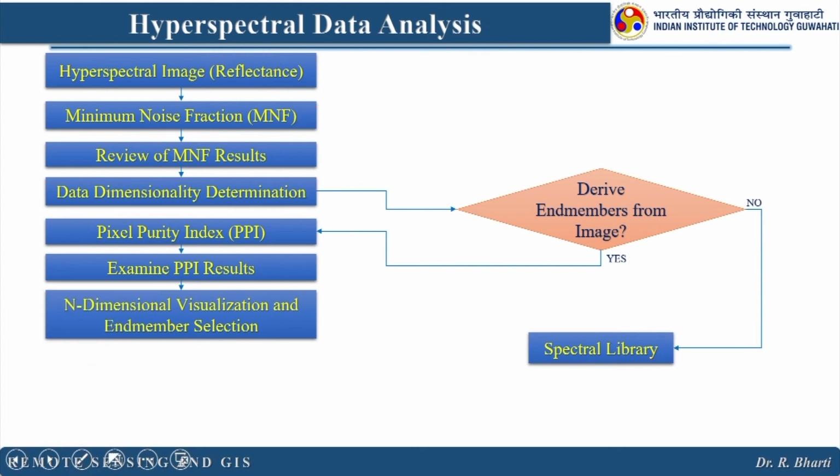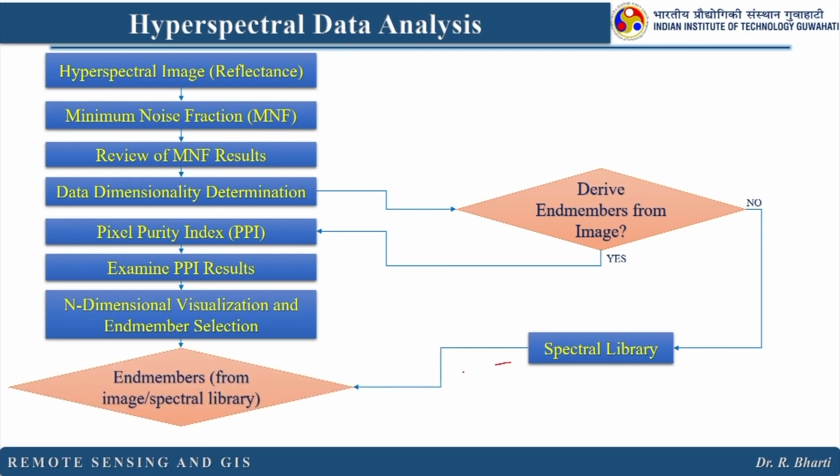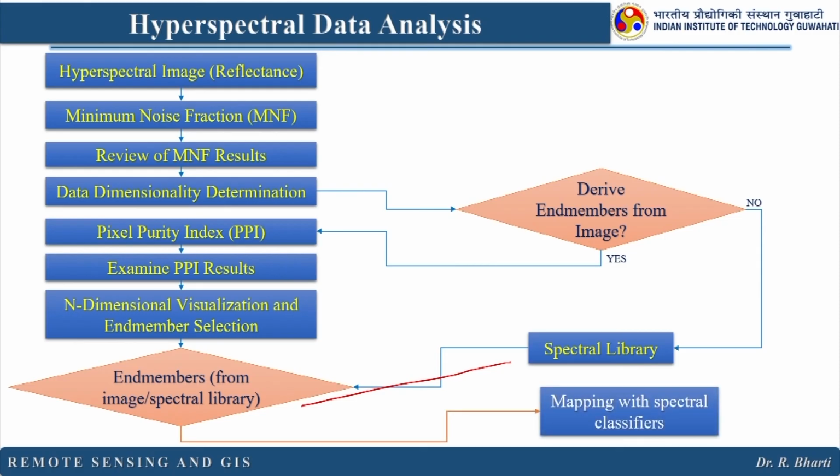Once I have the field information or the library spectra with me, then I prefer to use this library spectra instead of identifying the pixel spectra. Then it will be used in this image, and I will use some spectral matching and spectral classifiers to identify my target, right.